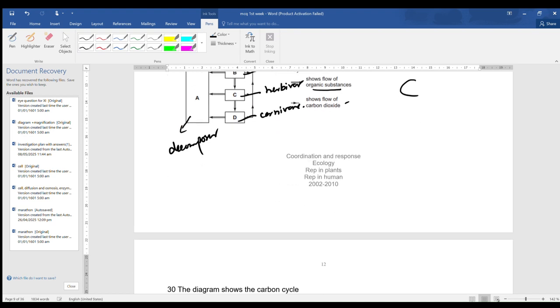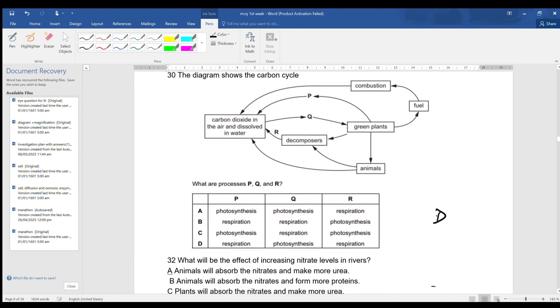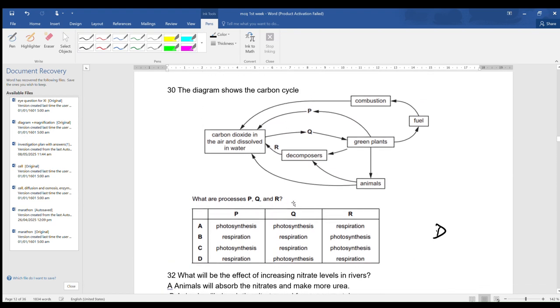Okay. Now next. The diagram shows the carbon cycle. What are the processes P, Q and R? P is a process which releases carbon dioxide in the air. Therefore, P is respiration. Now, Q, carbon dioxide in the air is taken up by the green plant. So therefore, it is photosynthesis. When the decomposer respires, it releases carbon dioxide back to the atmosphere.